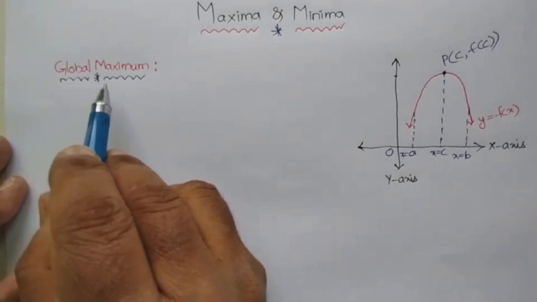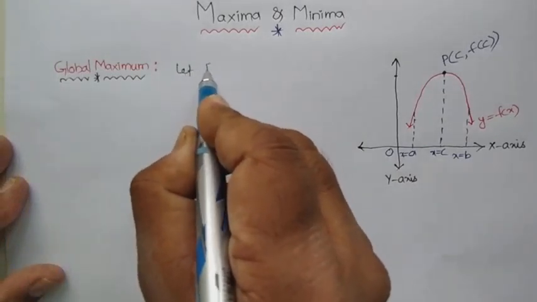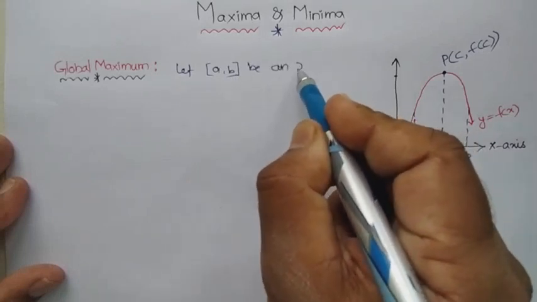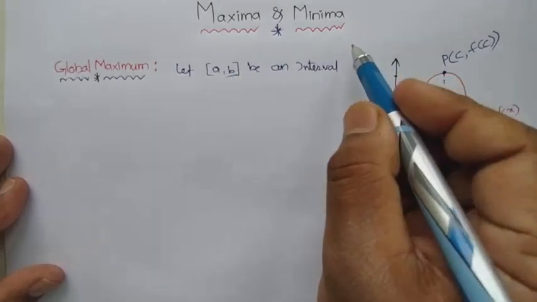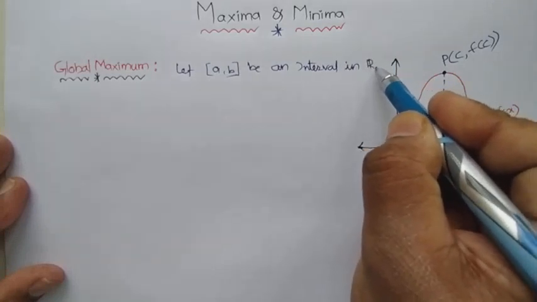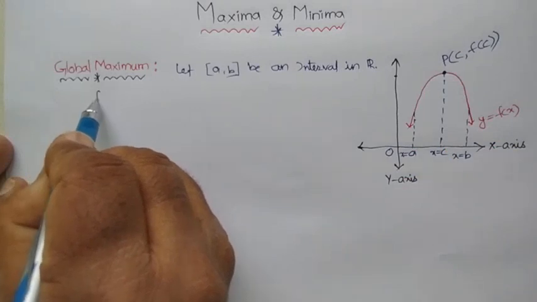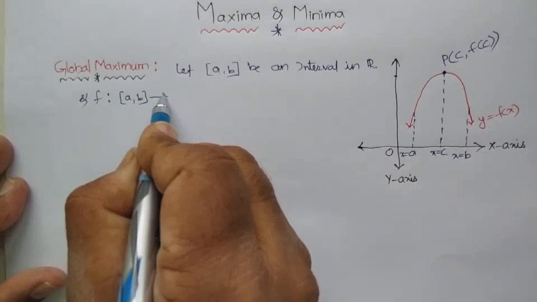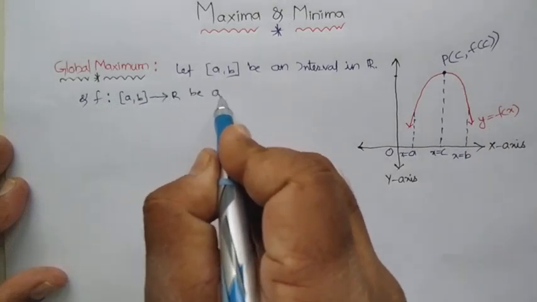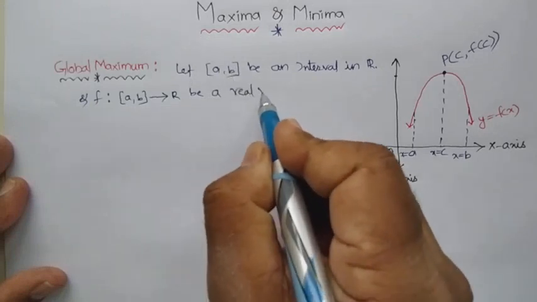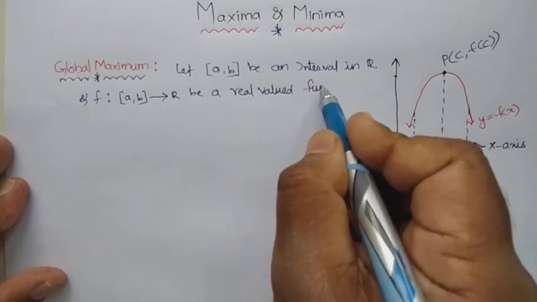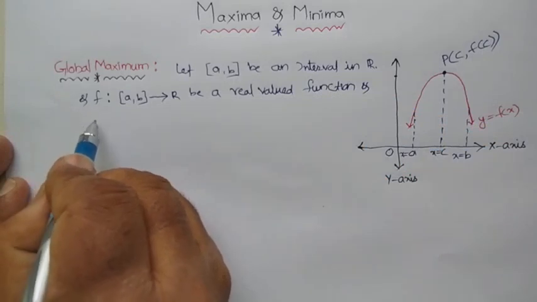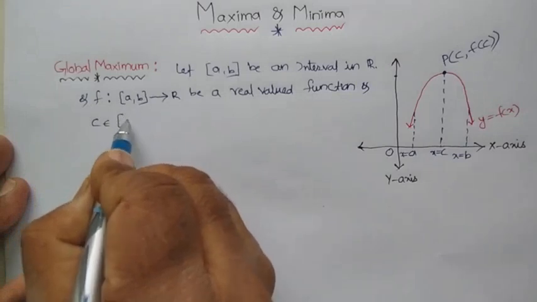Let us go through the definition of the global maximum. Let the closed interval a comma b be an interval in the real number system R, and let f, mapping the closed interval a comma b to R, be a real valued function, and let c belong to this interval a comma b.